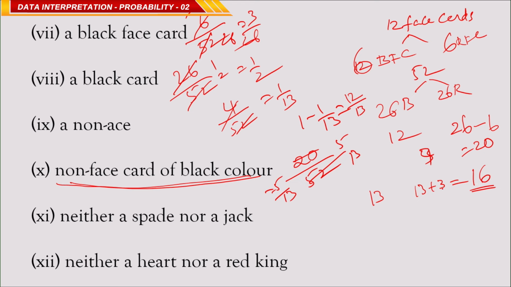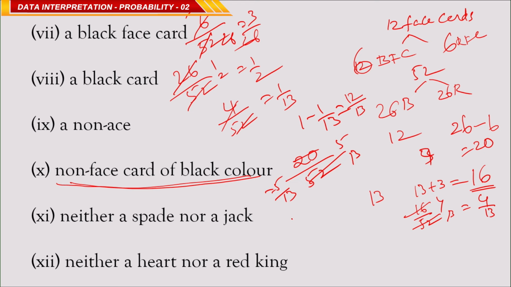So getting a spade or a jack card is 16, which means 16 by 52. 4 4s are 16, 4 13s are 52, so the probability of getting a spade or a jack is 4 by 13. But here it is neither spade nor a jack, so these two events are complementary.